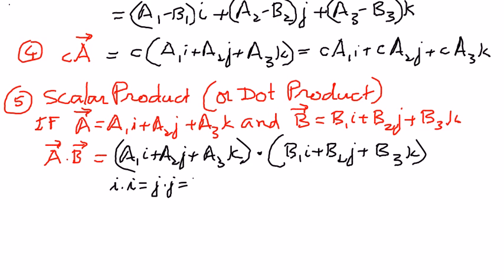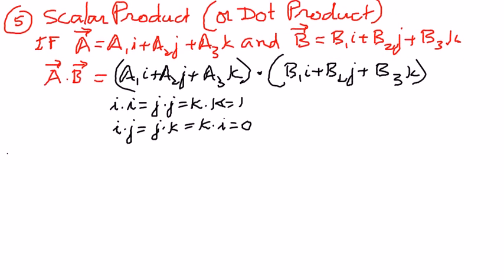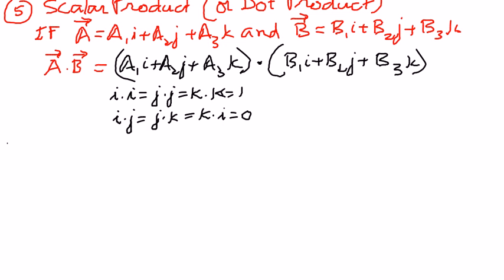Therefore, according to the dot product, we know that i dot i is equal to 1, j dot j is equal to 1, and k dot k is equal to 1. And then also we know that i dot j is equal to 0, j dot k is equal to 0, and k dot i is equal to 0.